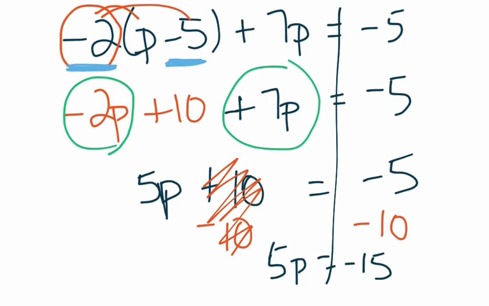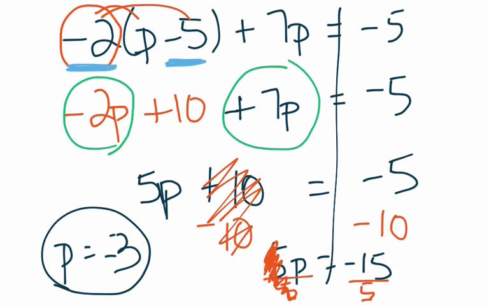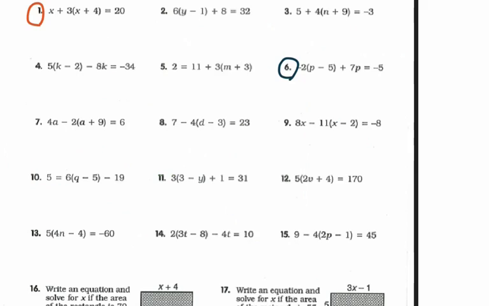And I'm running out of room here, but I'm going to divide both sides by 5. And -15 divided by 5 is going to give me a -3. That's a little hard to read. So p equals -3.